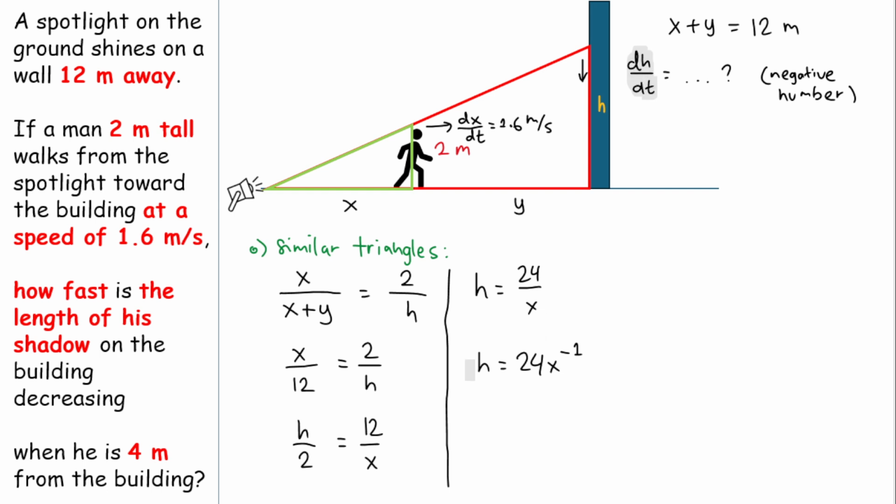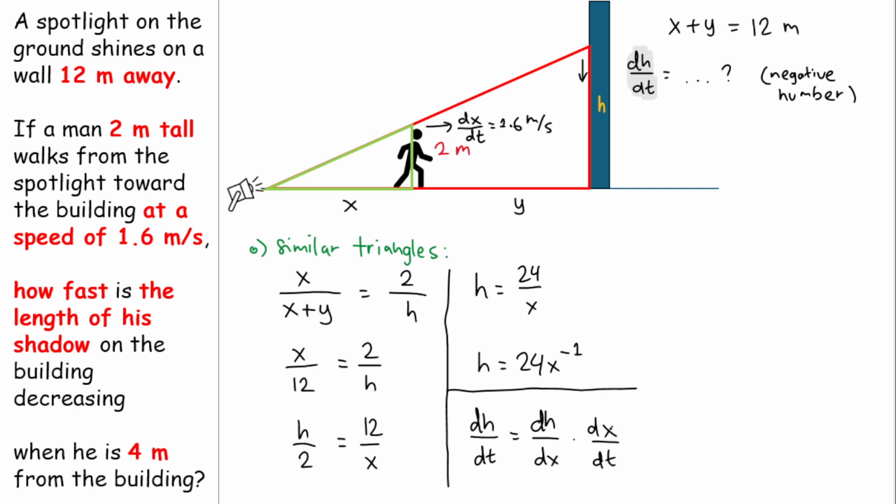So we take the derivative of this H with respect to time. Okay, so how to do that? We have dH/dt on the left hand side, and on the right hand side I will need to use dH/dx, because we only have X here, multiplied by dx/dt.